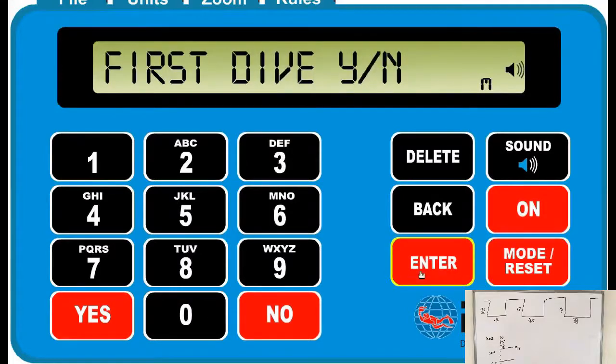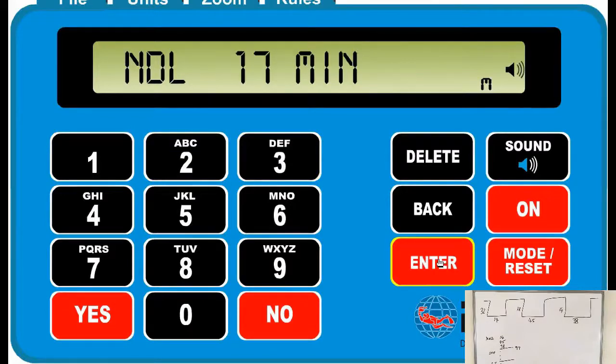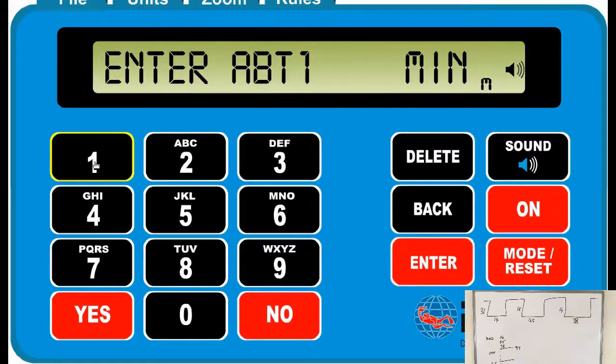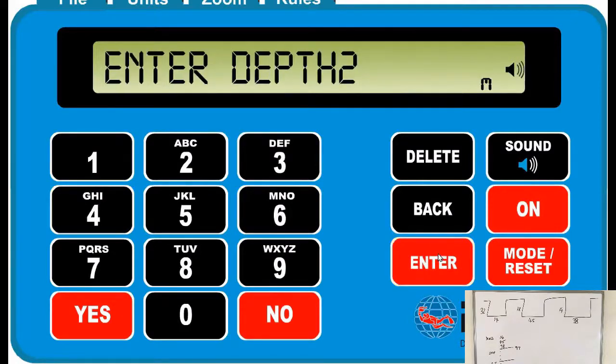First dive, yes. Enter the depth of the first dive, 32 metres. We can stay there for 17 minutes, but we're only going to stay there for 14. There's a safety stop on the first dive, we can put that in, a minute.